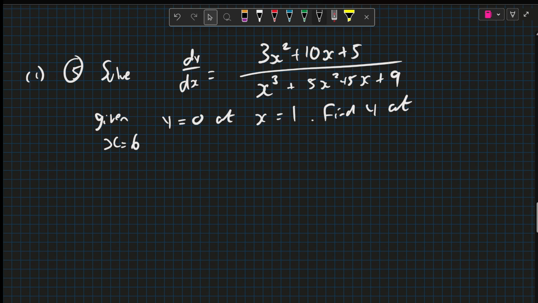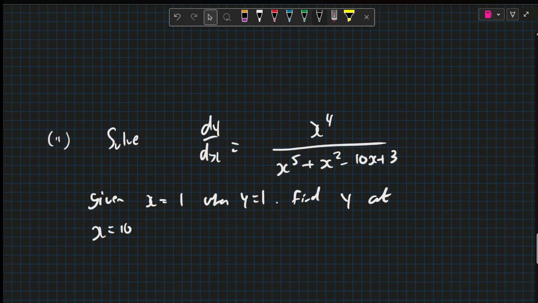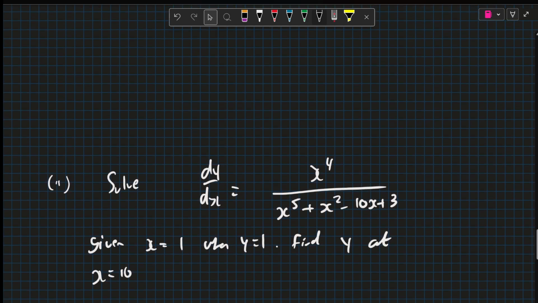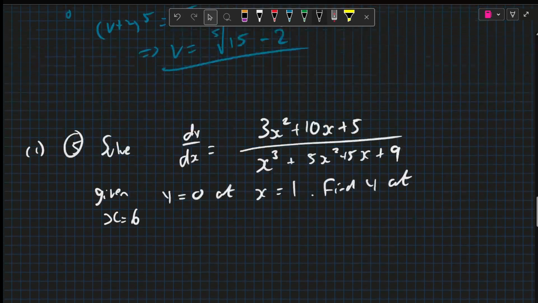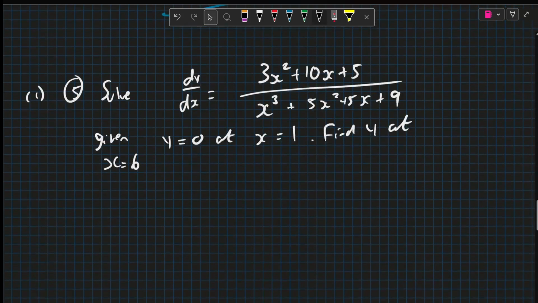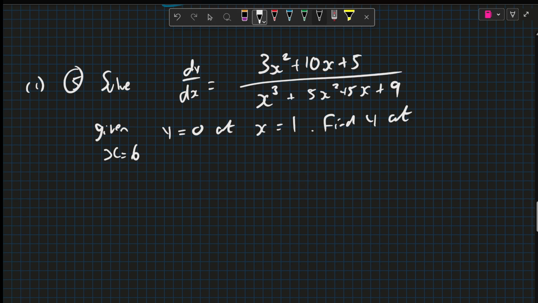Okay, now the next one looks a bit scary, but it actually shouldn't be, because this is the trick known as the perfect derivative. Now, I split it into actually two parts. I have this one here, and then I have a slightly different example here. So the first one I'm going to do is just multiply across by dx again.